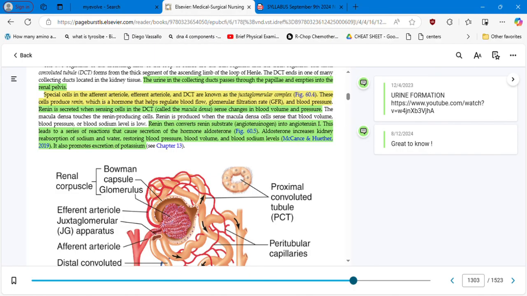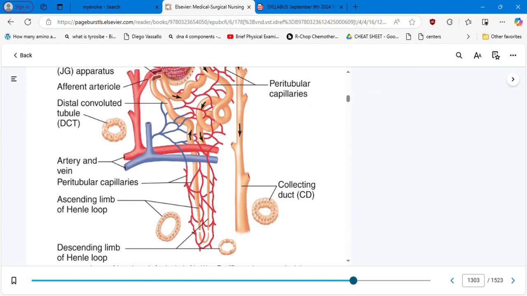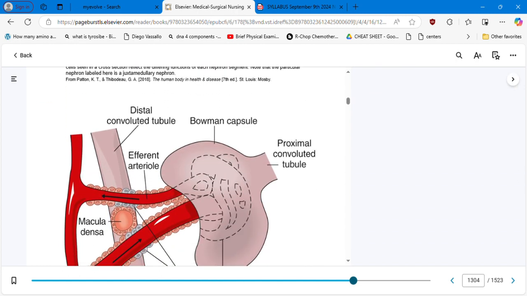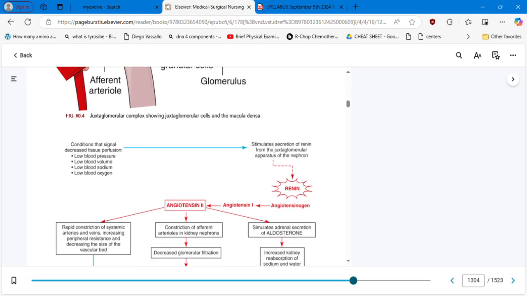It also promotes the excretion of potassium. If we are increasing sodium, we are decreasing potassium, because there is an inverse relationship between sodium and potassium. So that's important. Renin at the end is going to help regulate blood volume, blood pressure, and the reabsorption of sodium.